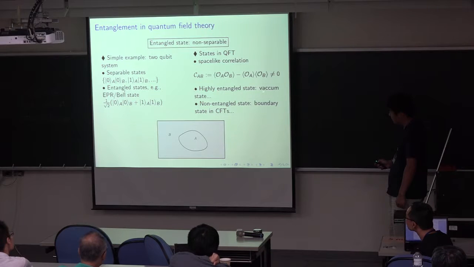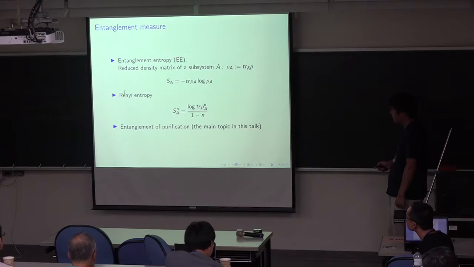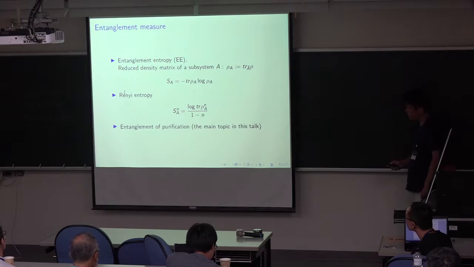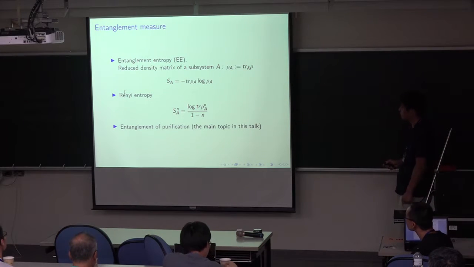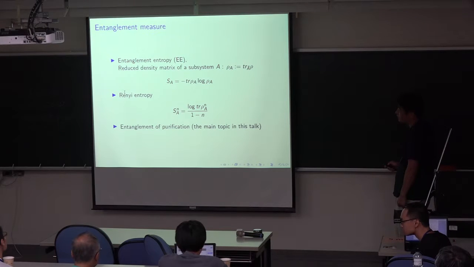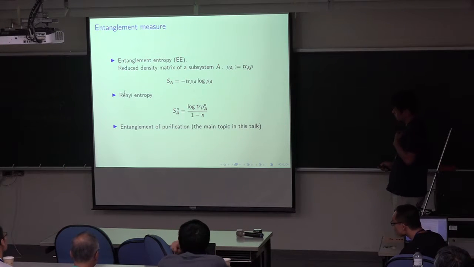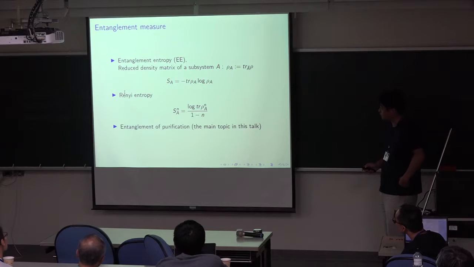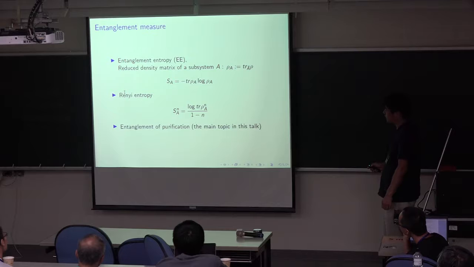Why do we say the vacuum is highly entangled? Because we can use some measures to reflect the entanglement in quantum field theory. The most studied one is the entanglement entropy. I think most of you may have heard of the holographic entanglement entropy, related to AdS/CFT.